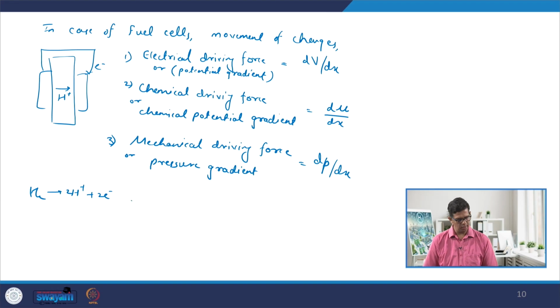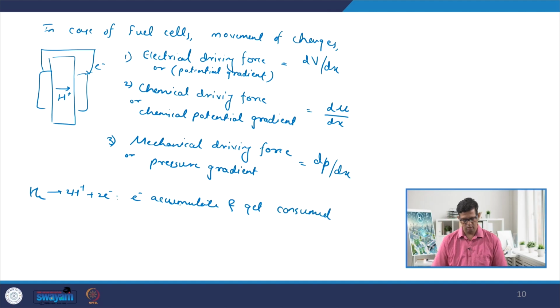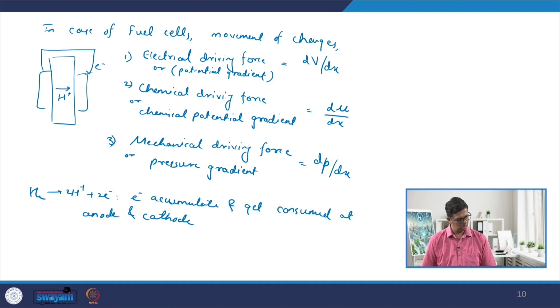If you look at this, these electrons accumulate and get consumed at the respective electrodes, at the anode and cathode, and this creates a voltage gradient.